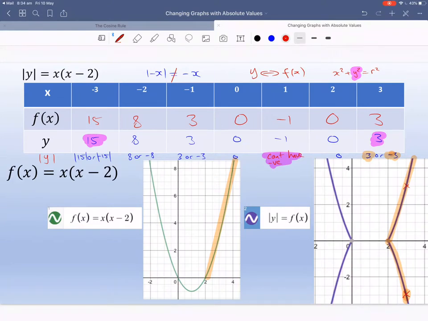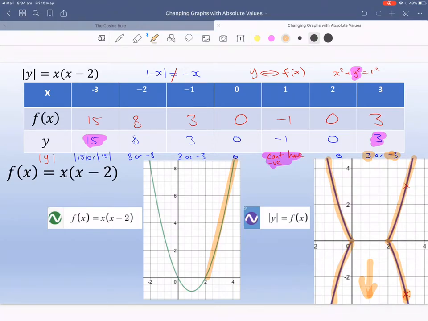Same thing happens on the other side. We can have the positive value or the negative value. So it's almost like a picture on the water, where you've got the real picture at the top and then the mirror image at the bottom that reflects the same thing.